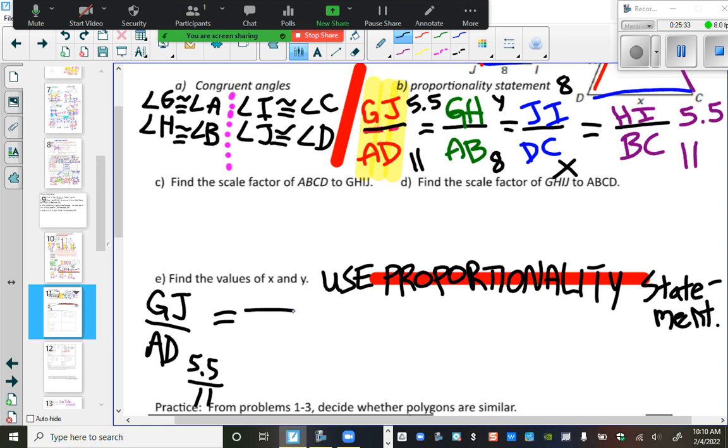GH, do we see at least one variable either for GH or AB? We can use this as an example. So we can solve for Y. And 5.5 over 11 is equal to Y over 8. There's your proportion.